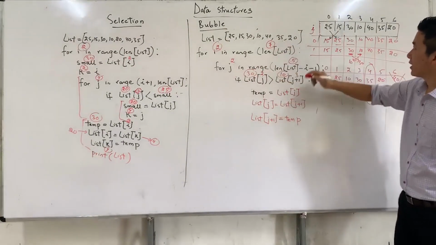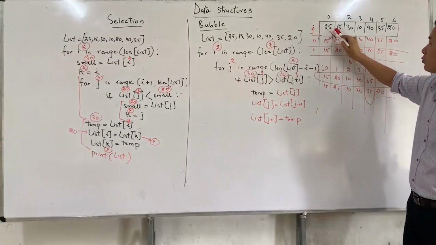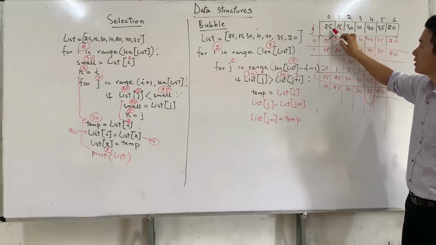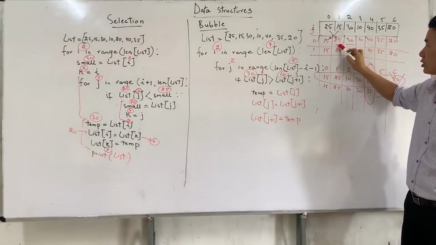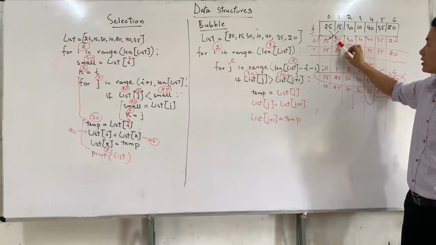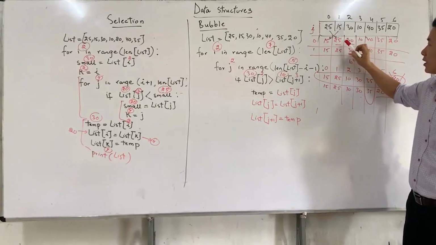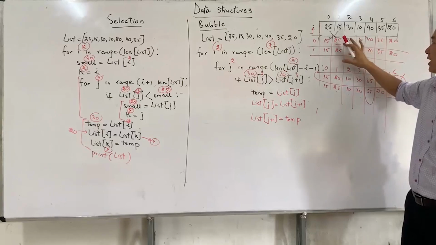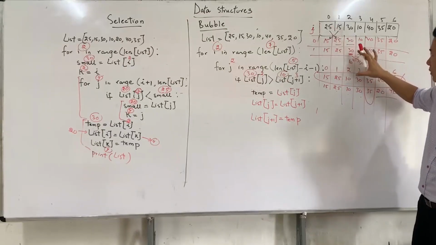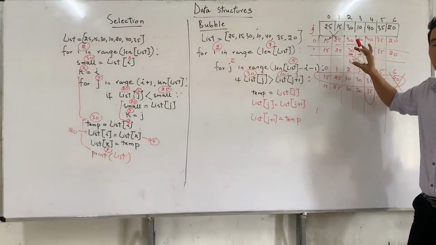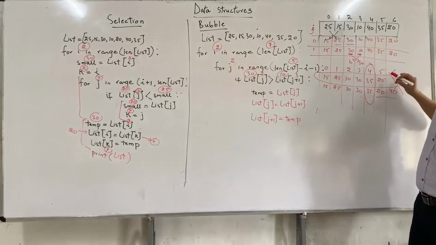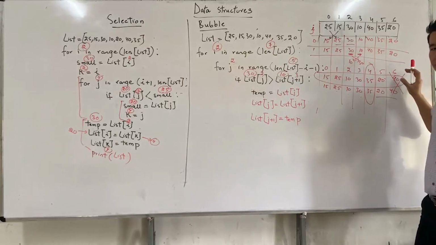So the fact of the matter is, the first number will be compared with the next. If this number is greater than this, then their places should be interchanged. Again, this number will be compared with the next one. If it's greater, it should be interchanged. Otherwise, it should be left as it is. So move on. At the end of all the inner cycles, you'll find the largest number being pushed right at the back.